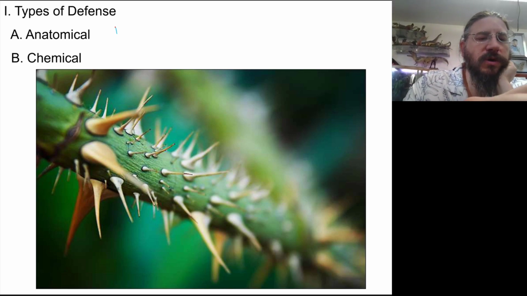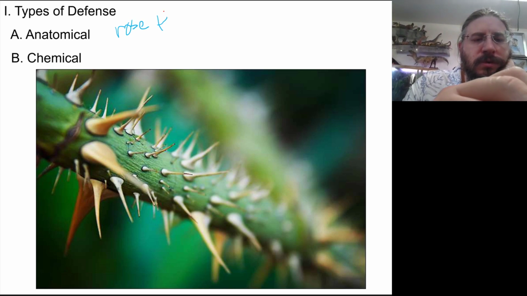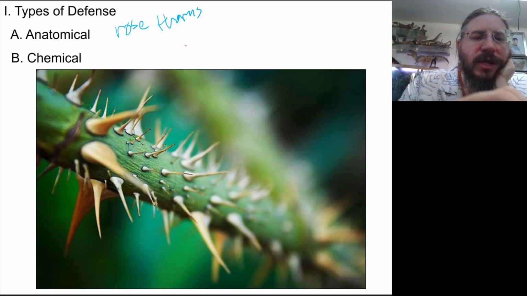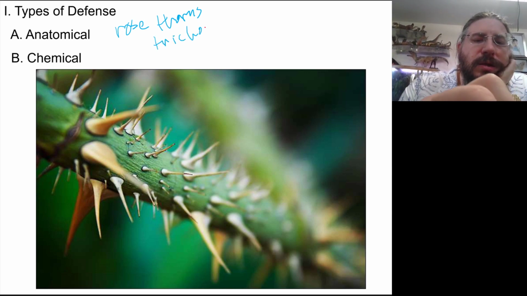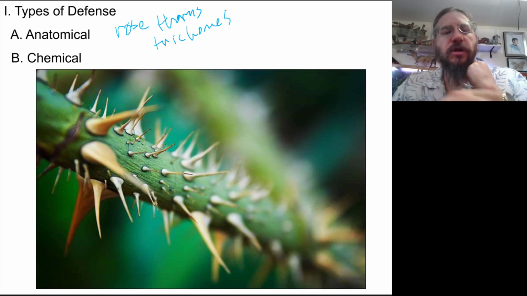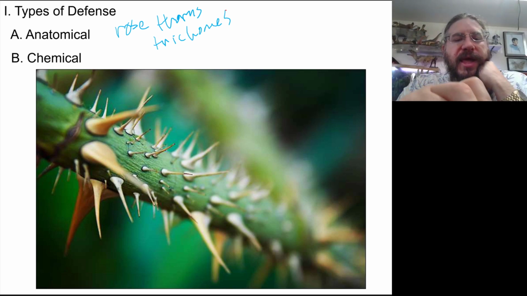So, rose thorns, trichomes. Remember our tomatoes that produce glue, and the brassica that produce trichomes that are like needles, and then cactus spines.